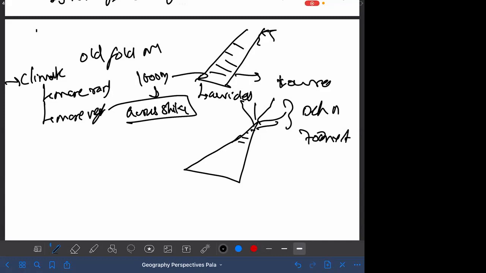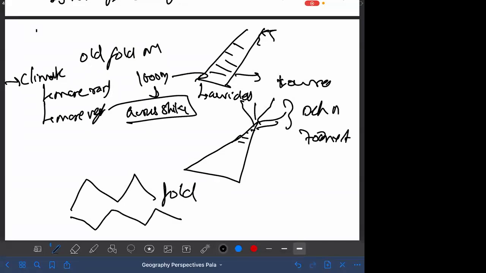Now you can look at the structure of the Aravallis. The Aravallis represent fan folding, a fan-folded arrangement. Normally there is a syncline and an anticline, the fold mountain, but then the erosional cycle of Davis acts.